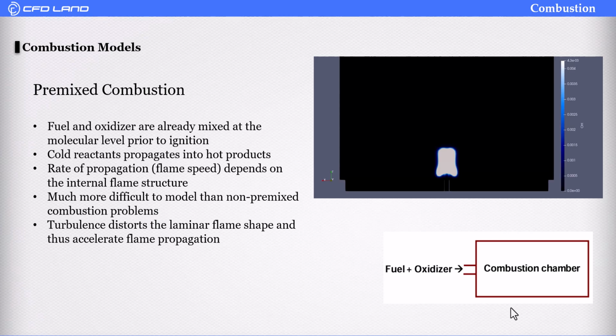For subsonic flows, the rate of propagation of the flame is determined by both the laminar flame speed and the turbulent eddies. The laminar flame speed is determined by the rate that species and heat diffuse upstream into the reactants and burn. Practical laminar flame thicknesses are very small, on the order of millimeters, so the resolution required is usually unaffordable.